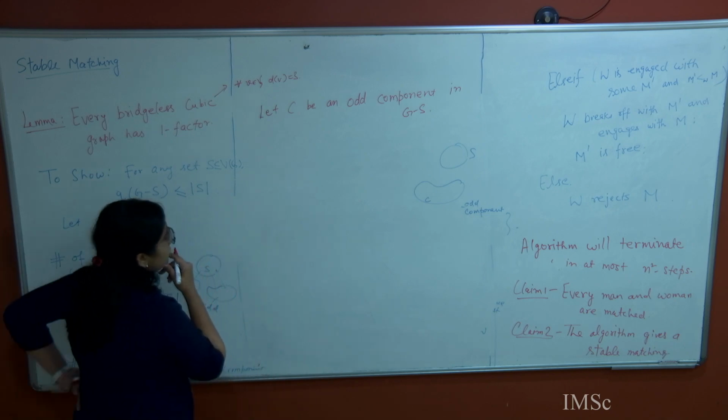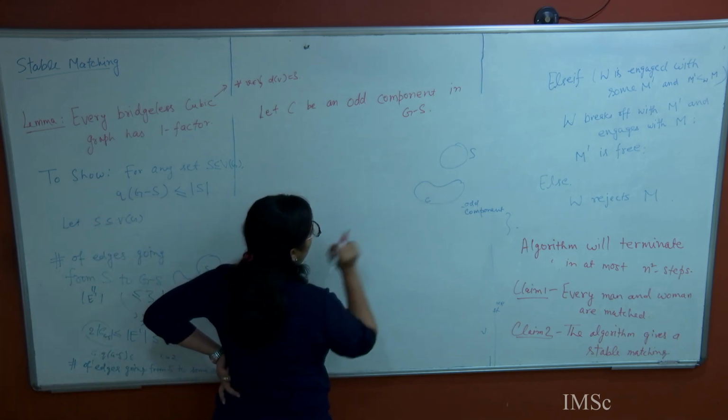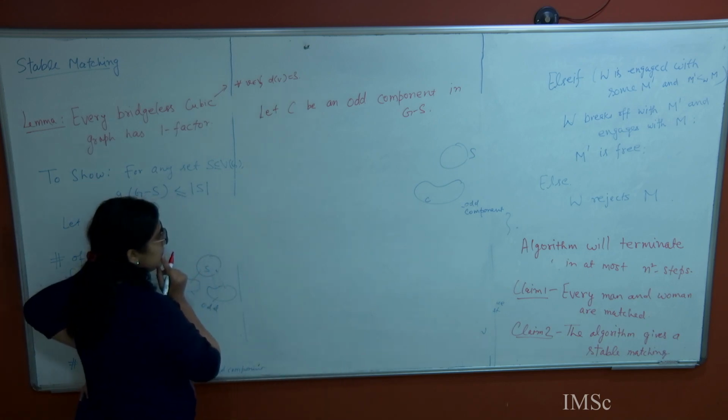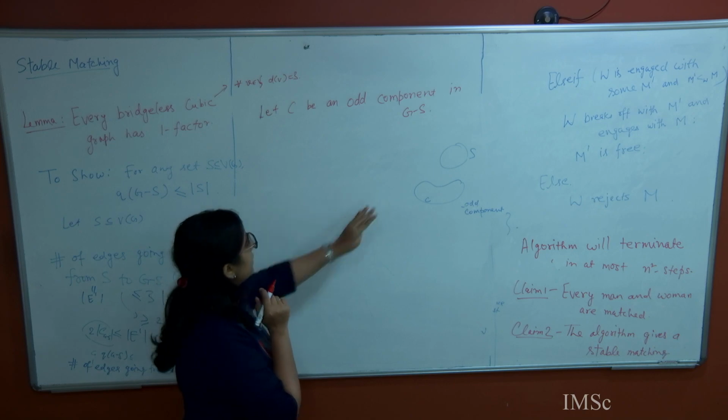So this is an odd component, and this is a cubic graph, right?